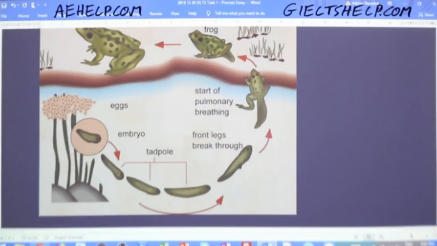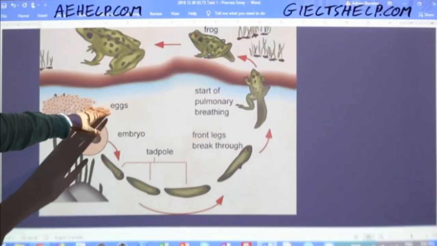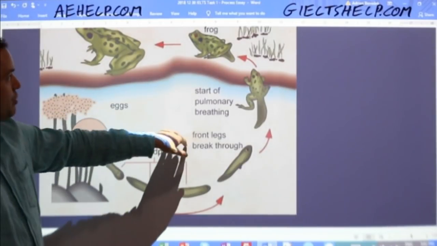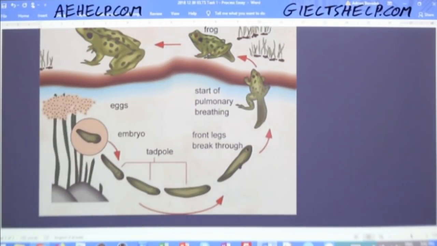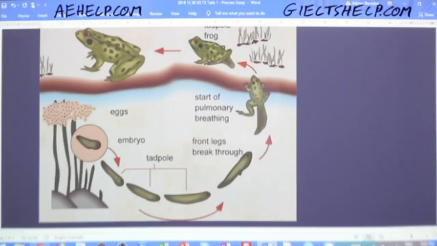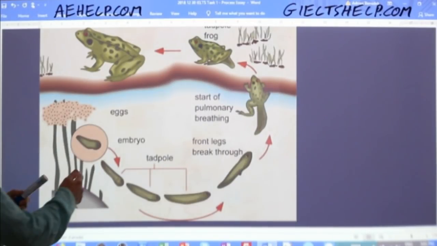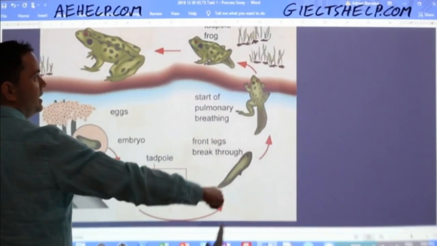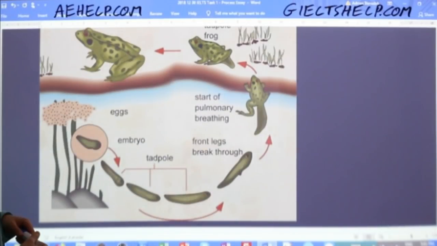Okay. So you can see here, there's eggs, 1, 2, 3, 4, 5, 6, 7. I'll make that correction there. So there's 7 distinct stages from the eggs to the adult frog. When you have a cyclical type of process essay where basically it goes around and around, you have to choose a start point.